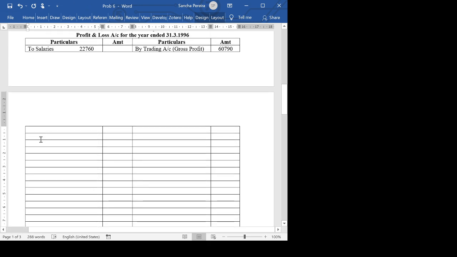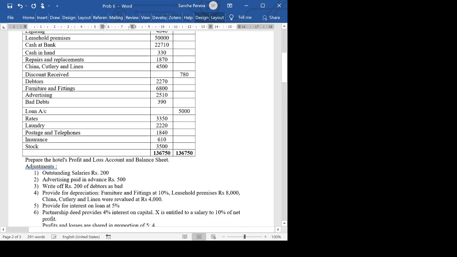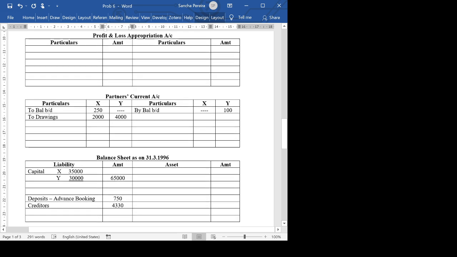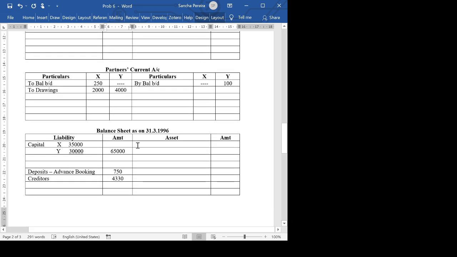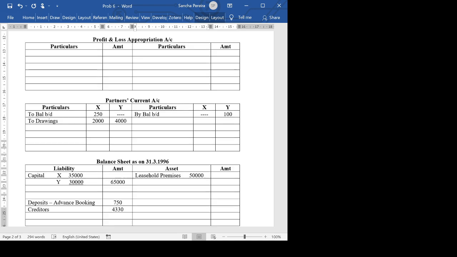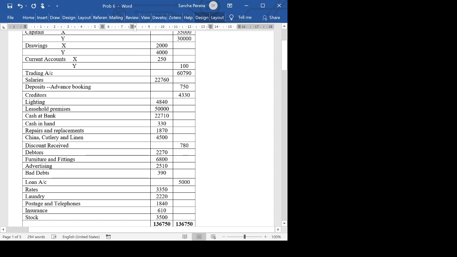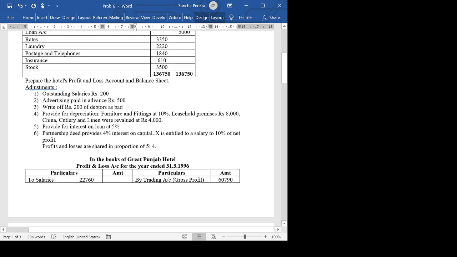Leave a line for outstanding salaries. Then there is leasehold premises 50,000 in the balance sheet in a column because there's depreciation. Then cash at bank 22,710, cash in hand 330.